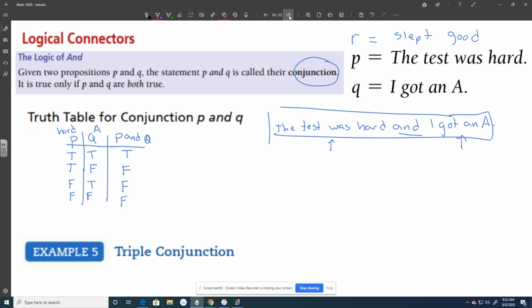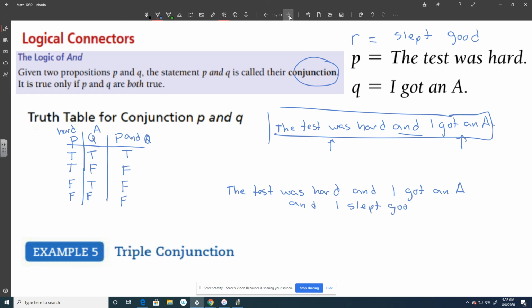So we have three propositions, and if we do a conjunction, if I combine those, I want to say that the test was hard and I got an A, and I slept good.